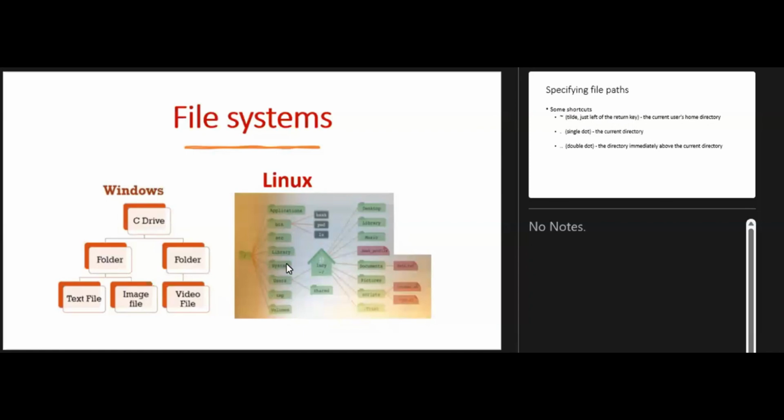You are sitting in home or users, and in home you will have your own name, your username, and in your username you will have all of your data. So you are sitting on root. In root, there is a home directory or folder. Directory and folder are the same thing.